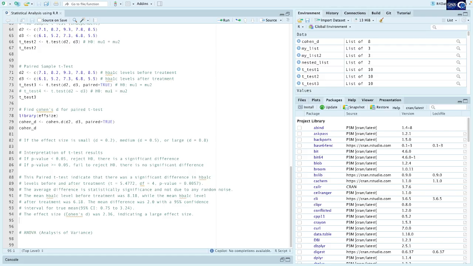Between group variance is caused by differences in group means, and within group variance is random noise inside a group. That's why it is called analysis of variance rather than just comparing group means.